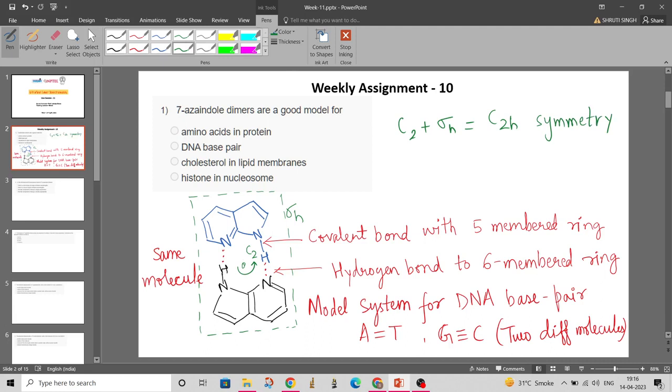So that's it. The question asked whether these dimers are a good model for amino acids in protein. No, they are good models for DNA base pairs.